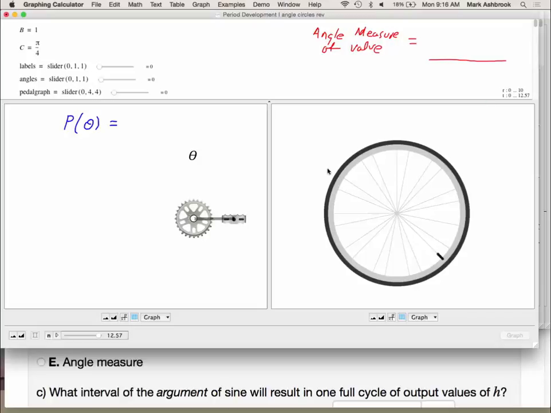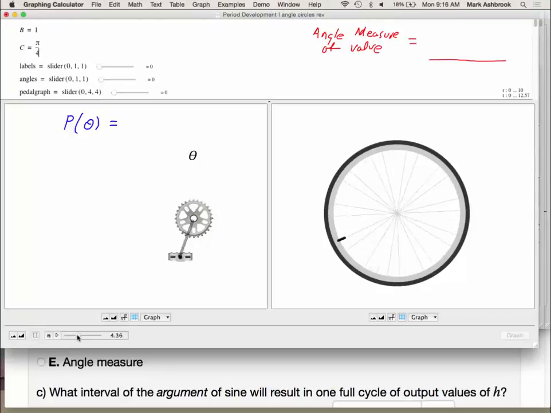For instance, given that theta has swept pi over 2, what's the angle measure of the tire valve right now? Pi over 4. Given that the pedal has swept 3 pi over 4, what's the angle measure of the valve? Pi over 2.